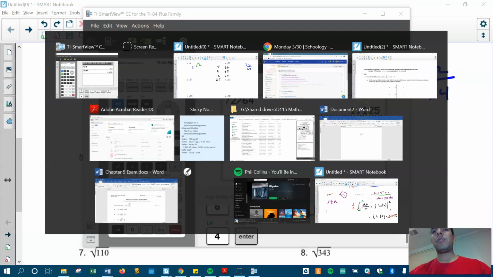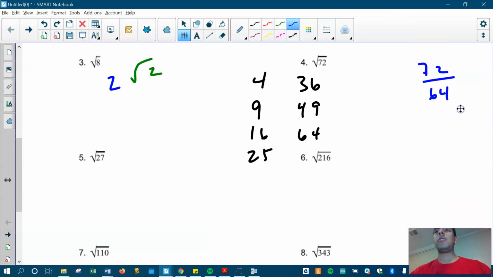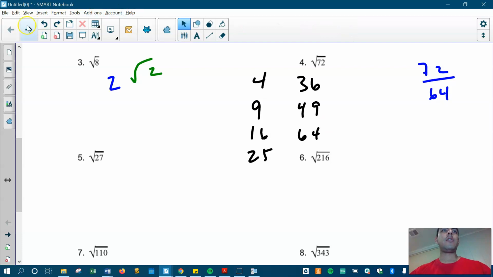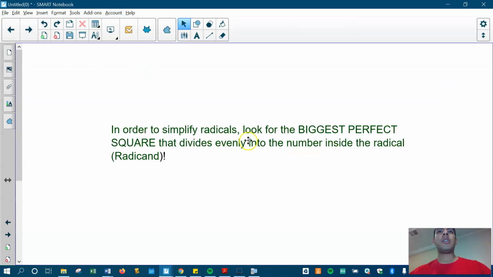That's not a whole number. And again, I only want, if you remember what I wrote, where that divides evenly into the number.